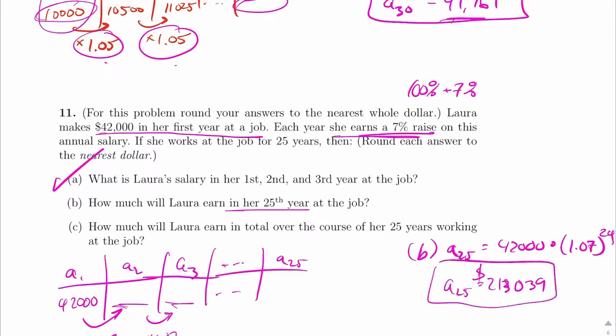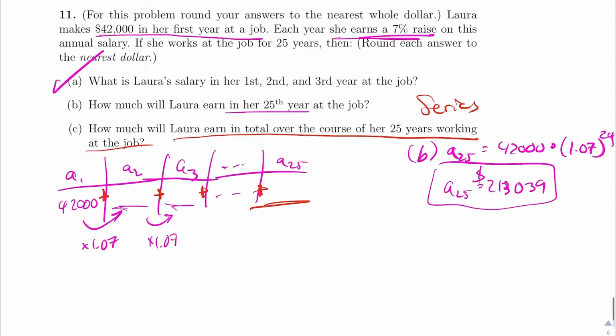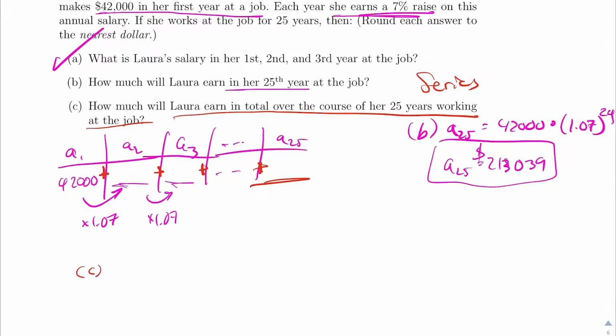Dollars. And now for part C, how much will Laura earn in total over the course of her 25 years working at the job? So that would be all of her salaries added up. And when we add these things up, that makes it into a series, which means we now have unlocked our geometric series formula.